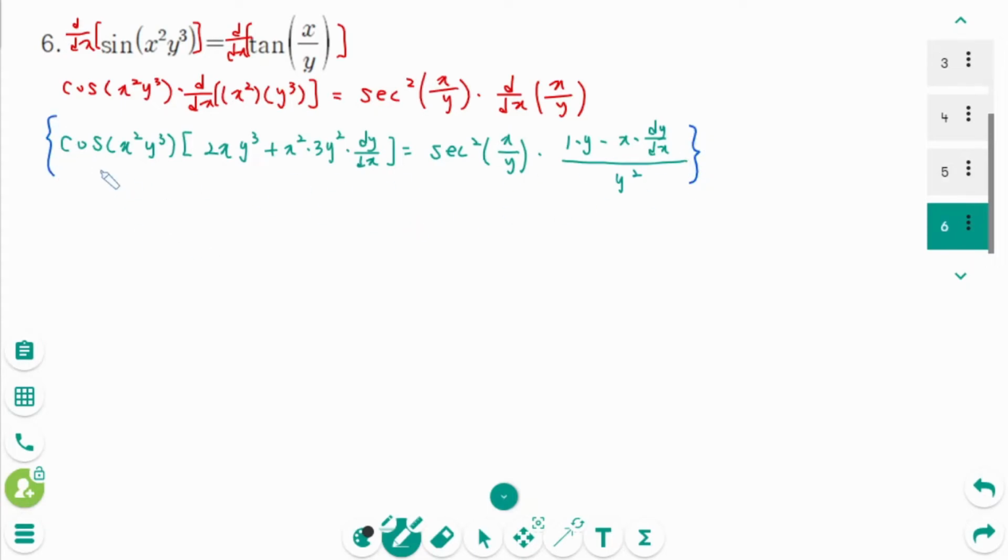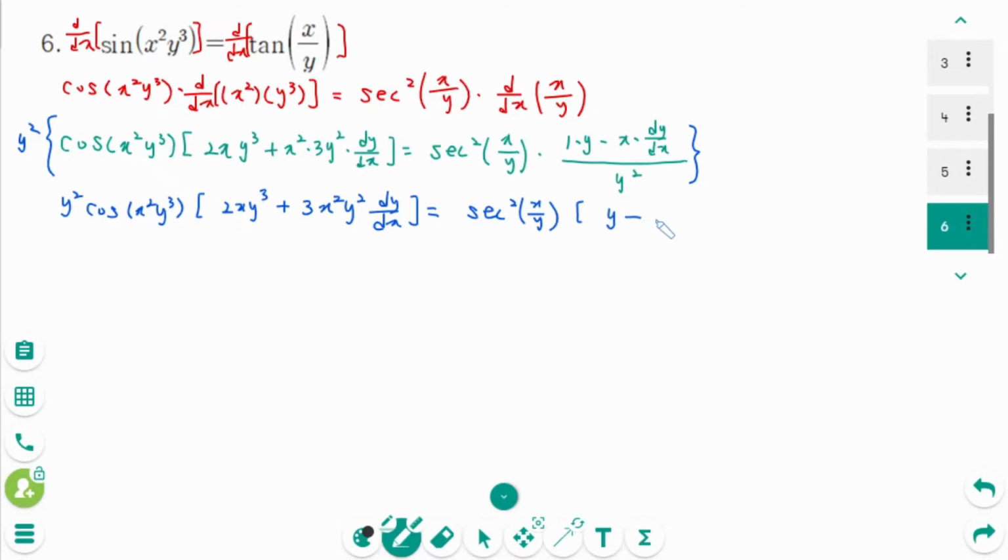Times y squared on each side, then y squared cosine x squared y cubed times 2xy cubed plus 3x squared y squared dy/dx equals secant squared x over y times y minus x times dy/dx.